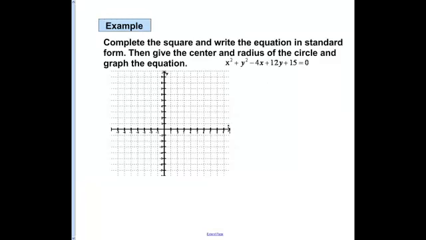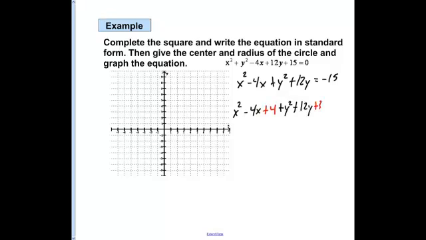In this particular example, we want to group our terms. So we have x squared minus 4x plus y squared plus 12y, and we're going to subtract 15 from both sides. Now I'm going to complete the square for the x term. I have x squared minus 4x. I take half of 4 and square it, so that would be plus 4. And then plus y squared plus 12y. I take half of 12 and square it, so that's going to be 36.